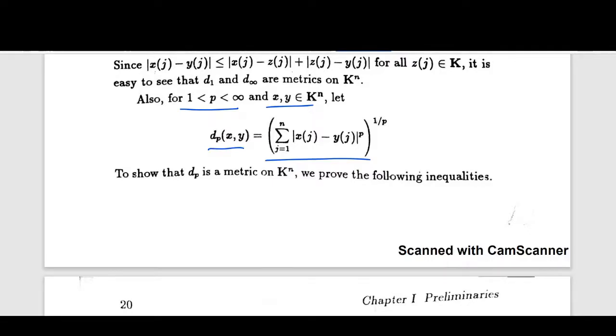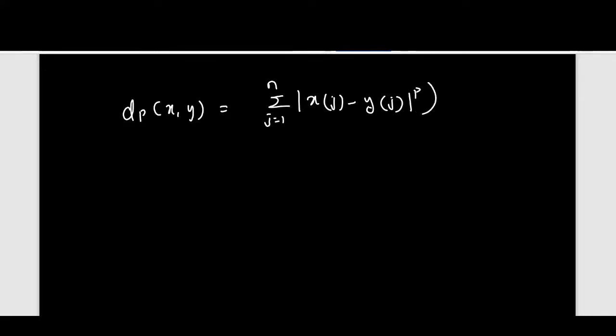Here we want to show that d_p(x,y), which is equal to summation j varies from 1 to n, |x_j minus y_j|^p, whole raised to 1 by p, is a metric on K^n.